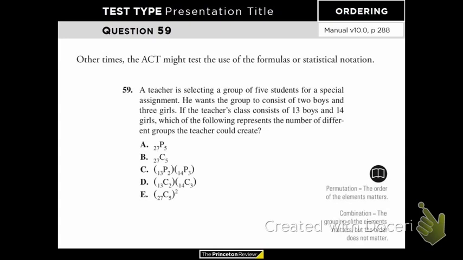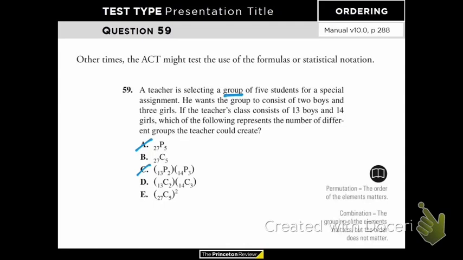So in this problem, it says a teacher is selecting a group. So right there with group, that is a clue that you're going to be using combinations because you're grouping people, okay? So we can go ahead and eliminate everything with a permutation. He wants the group to consist of 2 boys and 3 girls. If the teacher's class consists of 13 boys and 14 girls, which of the following represents the number of different groups the teacher could create?